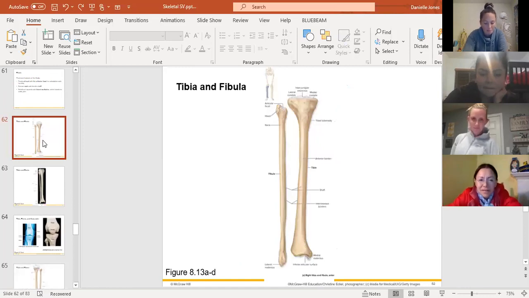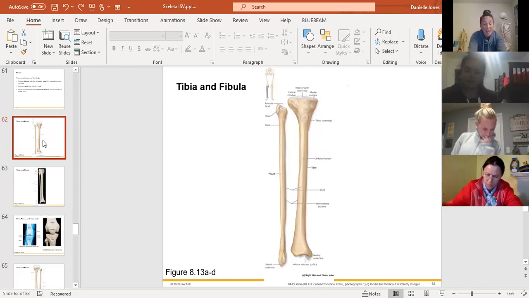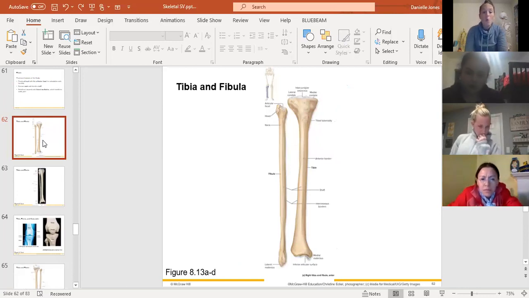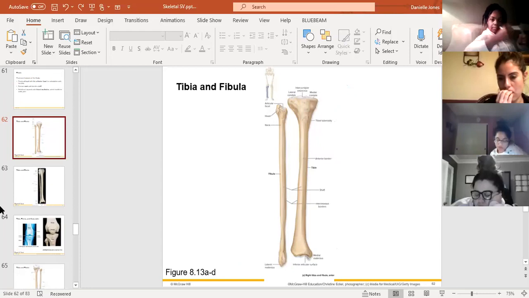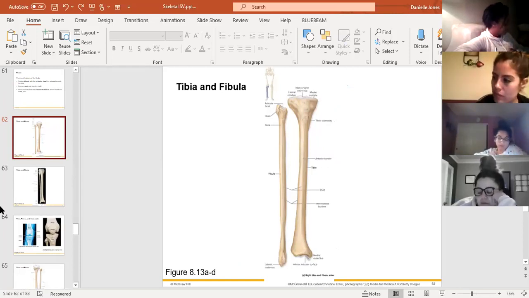Okay, down to the tibia and the fibula. Which one is which? Well, the tibia is the weight-bearing bone. This is the biggest bone in the leg. So you have the bigger bone and then the smaller bone. Another way to remember tibia and fibula is that you tell a little fib, and the fibula is little.